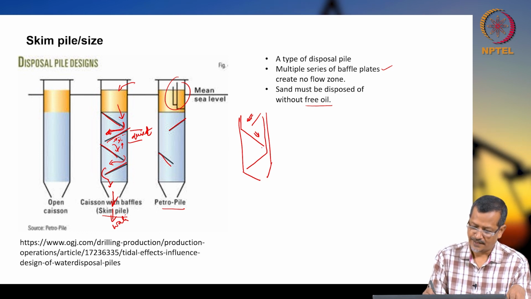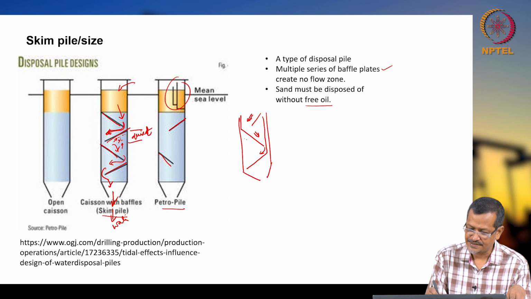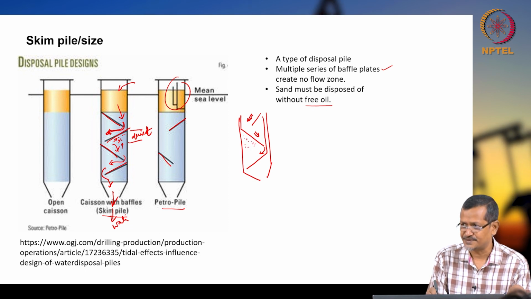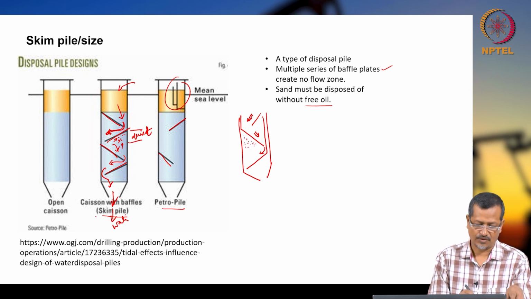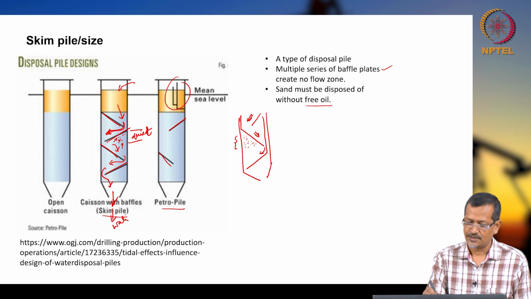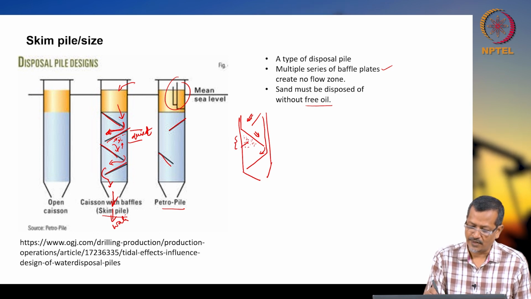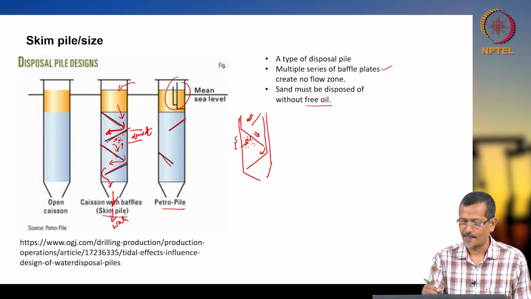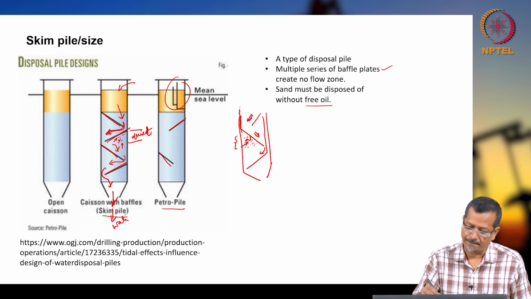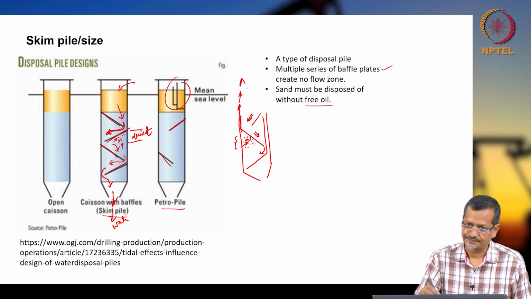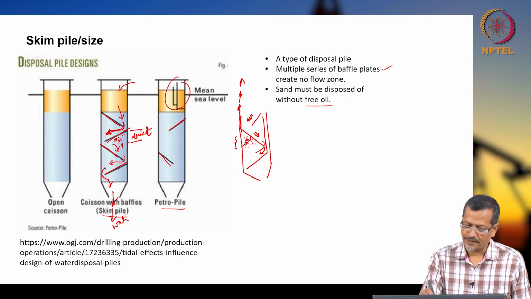And when it is crossing this area, you see the quiet zone, almost no disturbance. So, what will happen? You collect oil here. The oil will go up through this one. And the water will go down and go out.